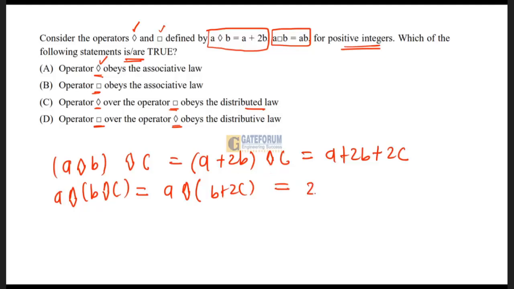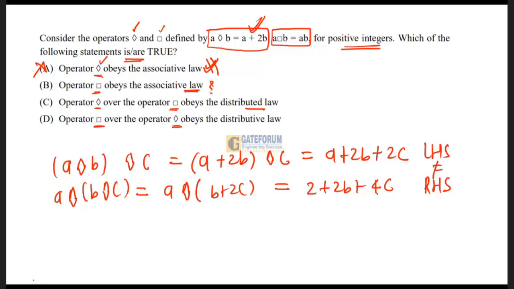So it is A plus 2B plus 4C, using this rule. You see here that if you consider this as LHS and this as RHS, they are not equal. If they are not equal, means they are not following associative law. Option A is rejected. Option B obeys associative law.